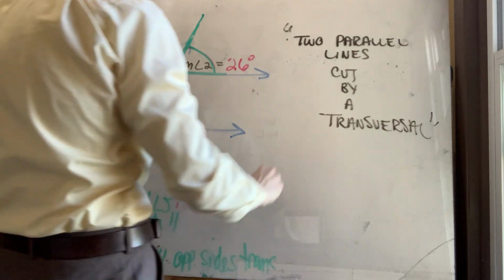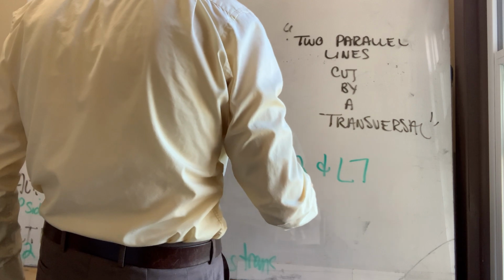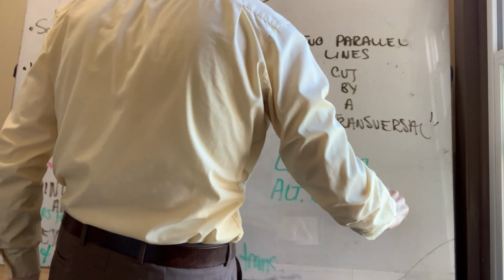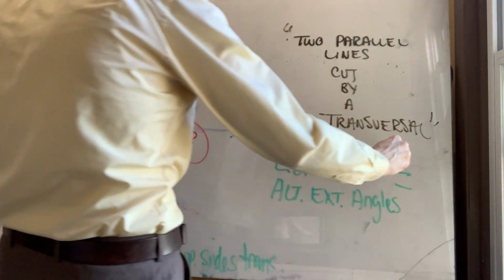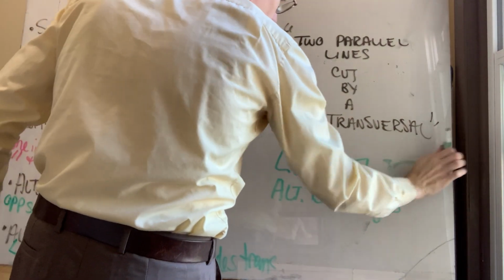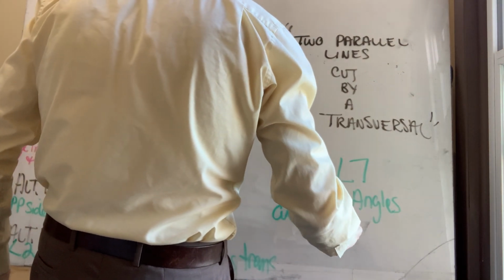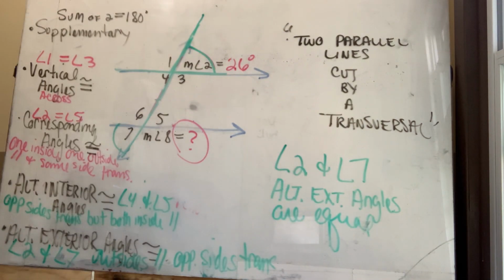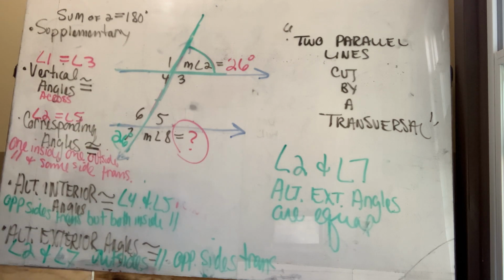So, angle 2 and angle 7 being alternate exterior angles are congruent. They equal. This is technically the congruency symbol. So if this is 26, then this is also 26 degrees, right?